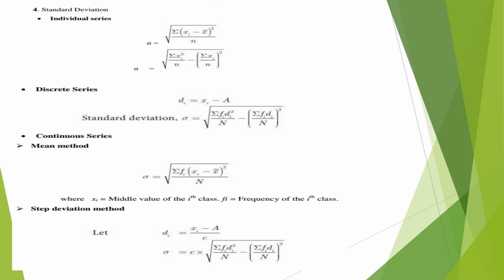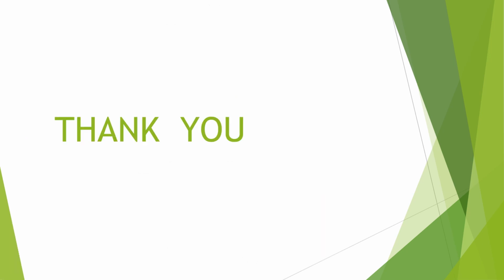Or sigma is equal to c into under root sigma fd square upon N, where capital N is the sum of frequency, minus sigma fd upon N whole square, where capital N is the sum of frequency, and this is the step deviation method. Thank you.